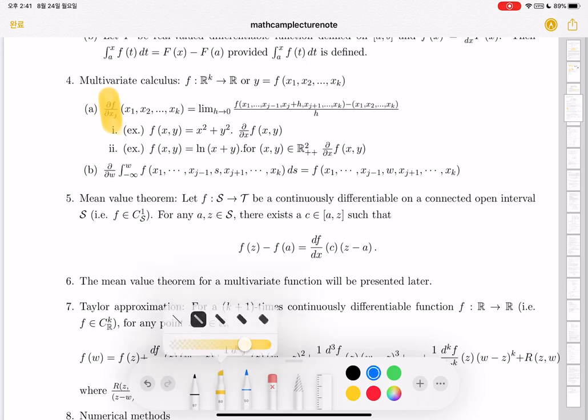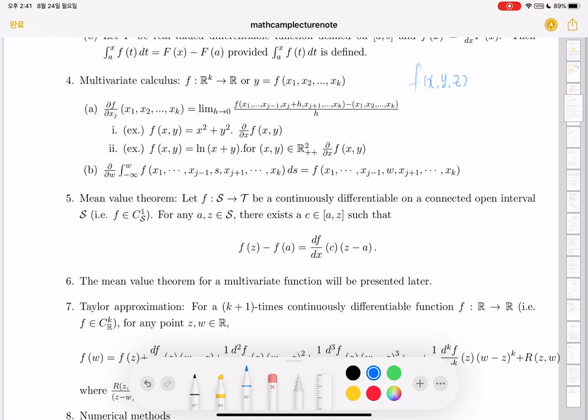If k is 2, then your function may be this. Instead of using x, y, z, because we are going to get a shortage of notation soon, we sometimes use this notation.